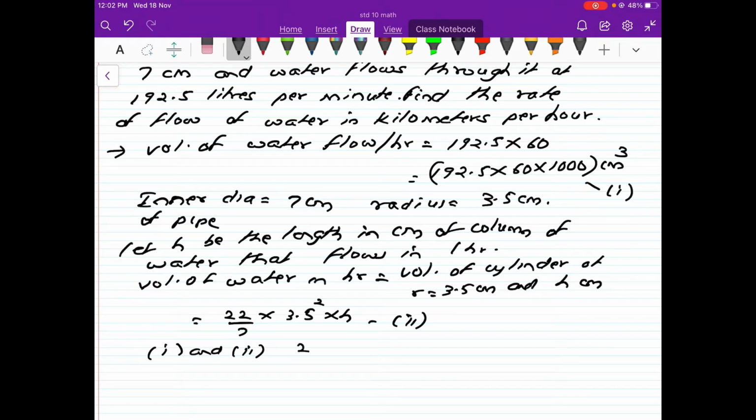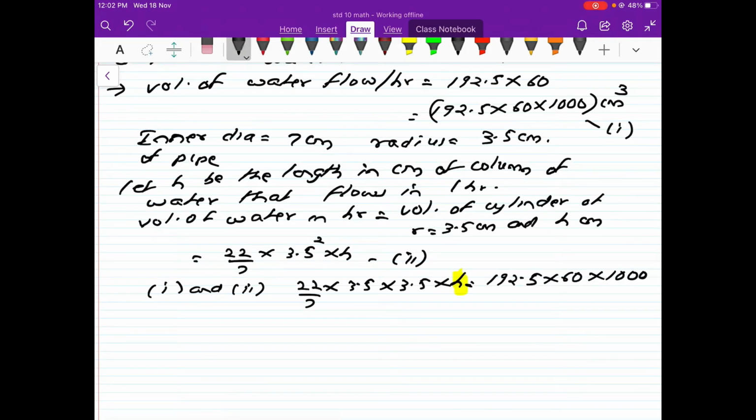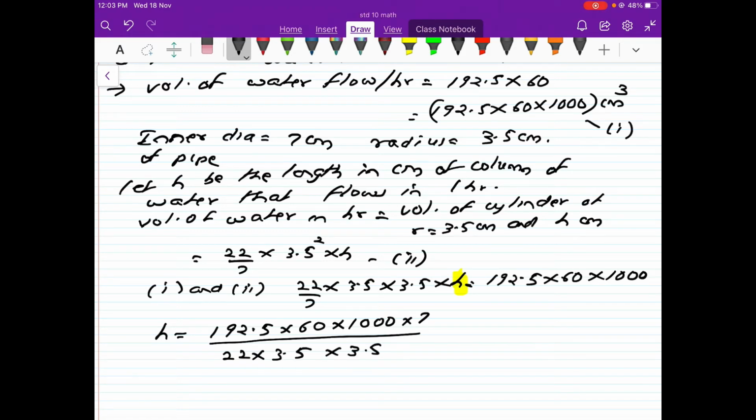So this is 22 by 7 into 3.5 into 3.5 into h is equal to 192.5 into 60 into 1000. Now what we don't know here is h, so we will take h here and transpose everything to the other side. So 192.5 into 60 into 1000 into 7 upon 22 into 3.5 into 3.5.